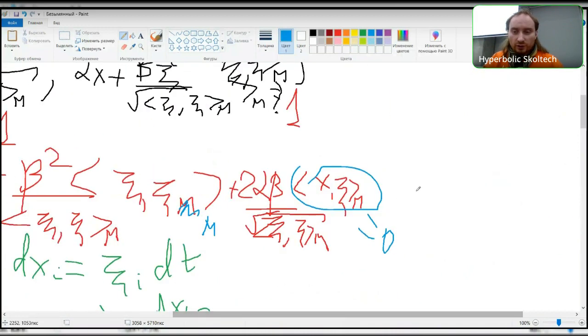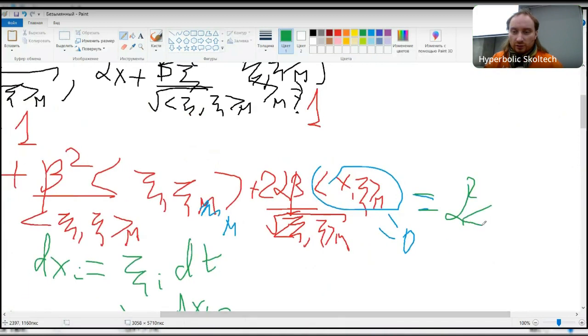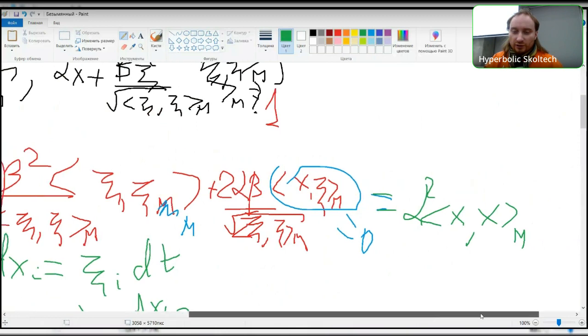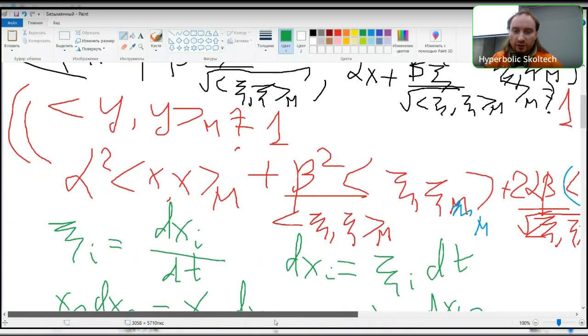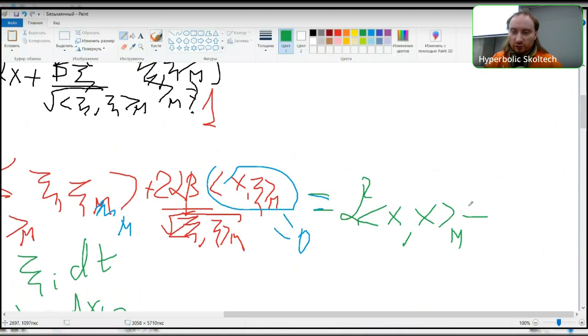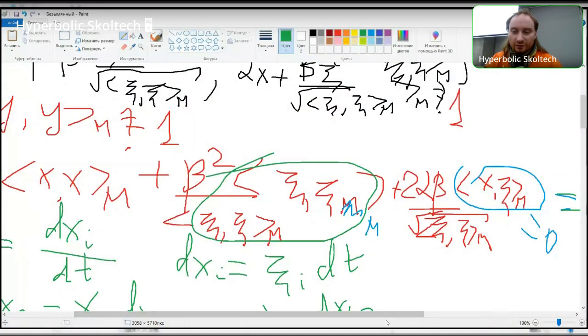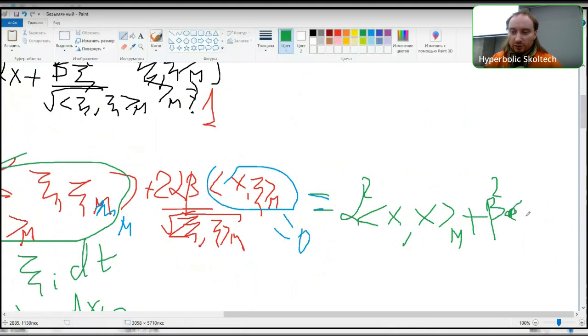So this thing equals alpha squared times the scalar square of x. Yeah, so everything is right. There is no mistake, fortunately. Plus beta squared multiplied by what? So this is just 1. Plus beta squared multiplied by 1.